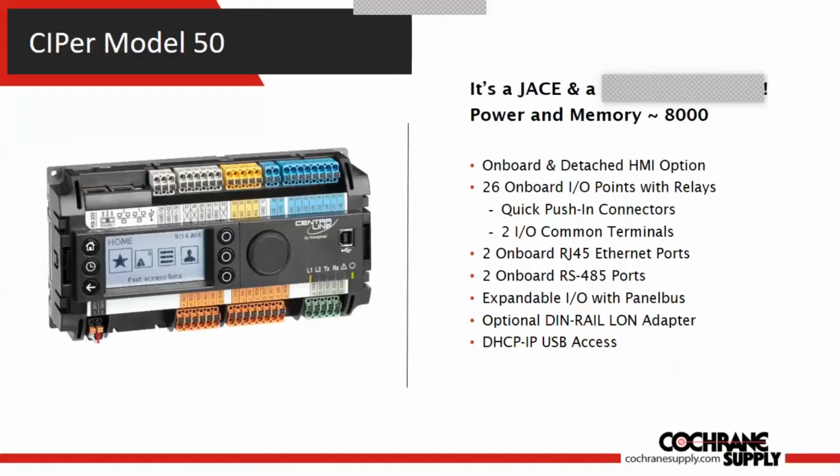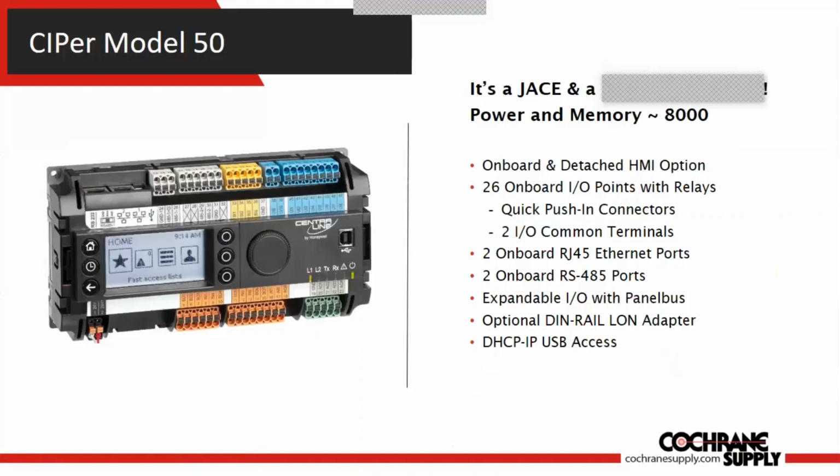The Model 50 has 26 onboard I/O points, which include relays for the discrete outputs. The terminal blocks use what are termed quick push-in connectors. There are 2 common I/O terminals, 2 onboard Ethernet ports with standard RJ45 jacks, and 2 onboard RS485 serial communication ports, which gives you the ability to have expandable I/O with panel bus adapters.